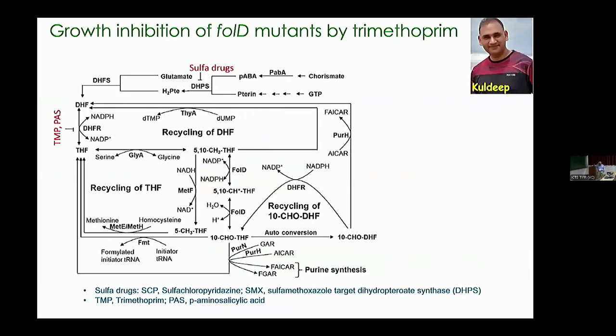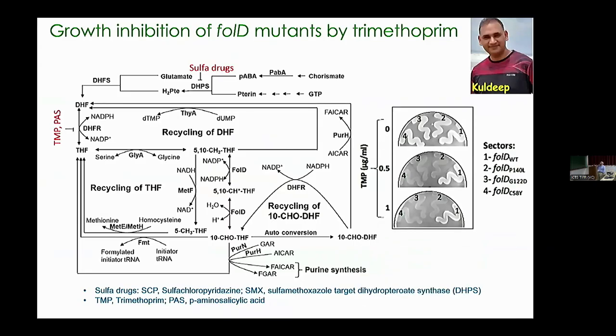So now the other thing was, are these things of any use? If you look at this one carbon metabolism, there are many drugs that are used to kill bacteria, whether they are sulfa drugs or trimethoprim, and they will work at these steps. And so what Kuldeep did was, we had actually 3 alleles where folate dehydrogenase was having mutations.